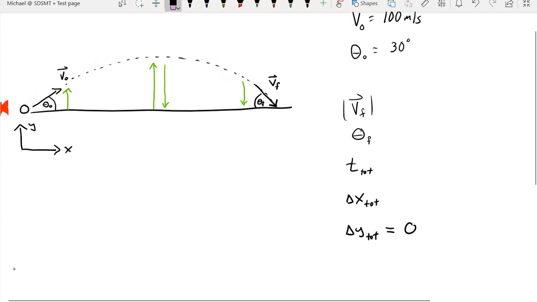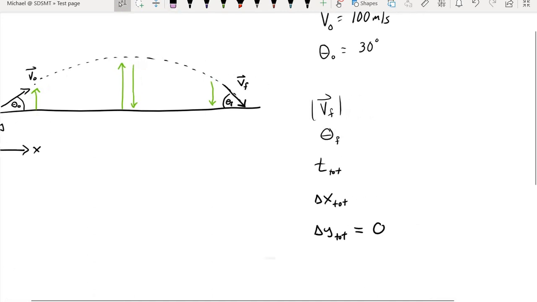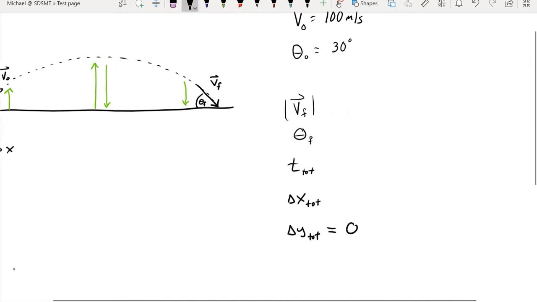But more importantly, what I would like to know is what is the maximum height?